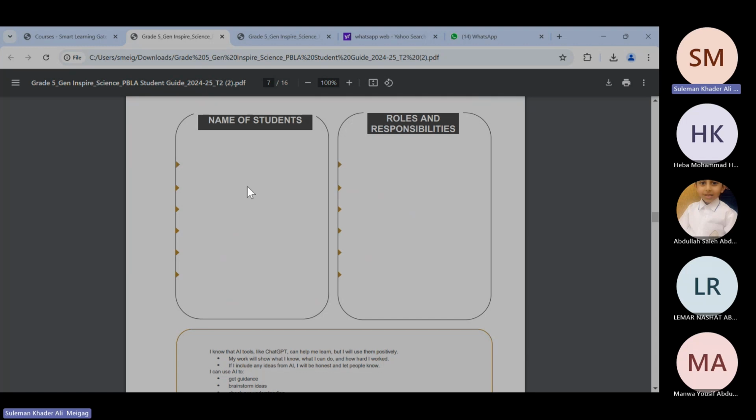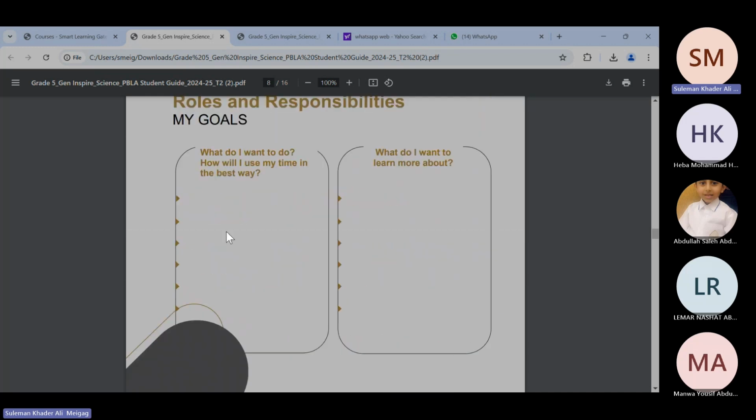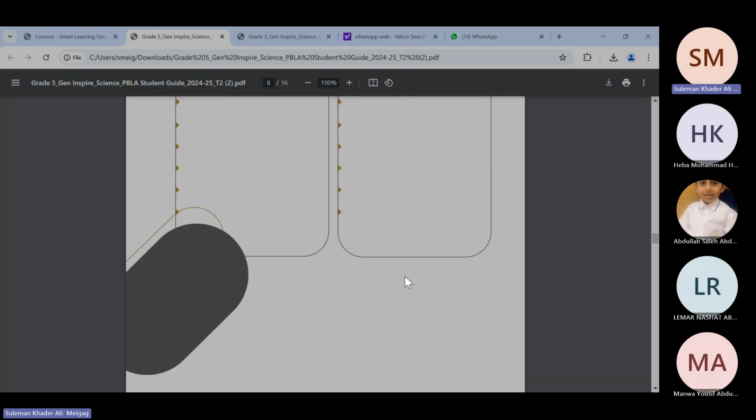So each person, each student must take part. Okay, then you write it in there. What does each one do? I will do this, he will do that. I will do this, he will do that.